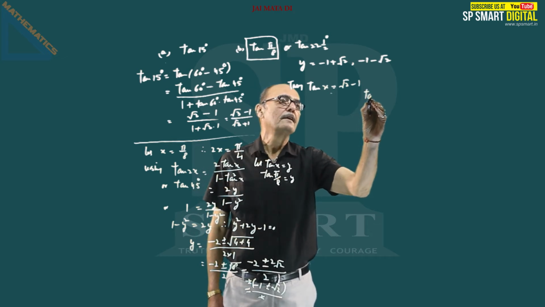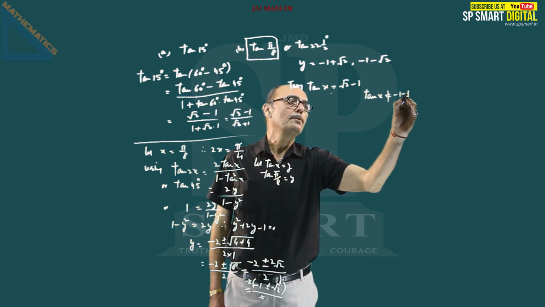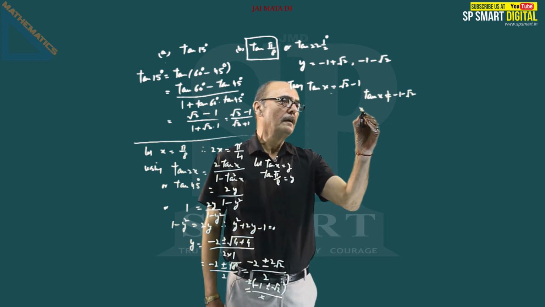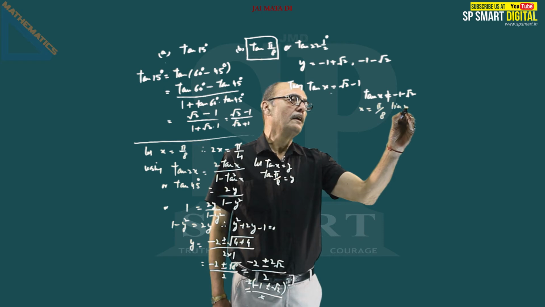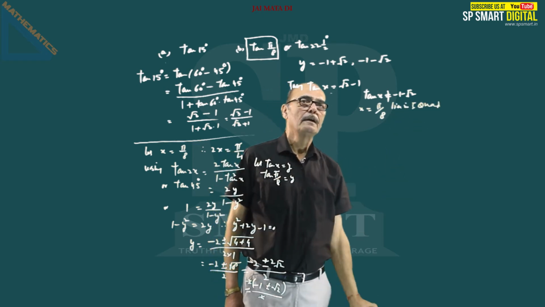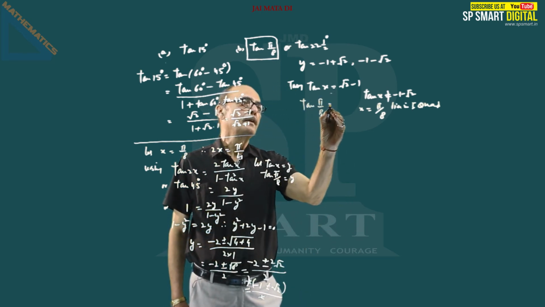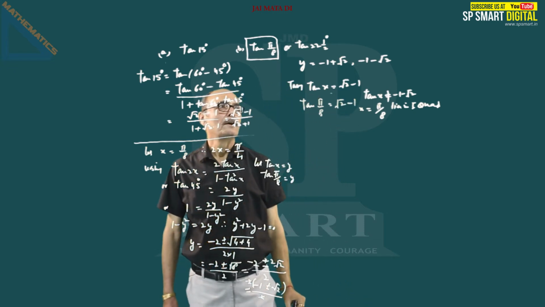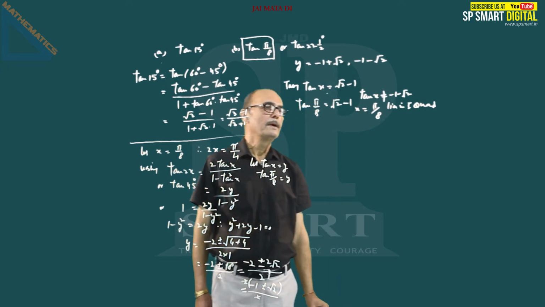Now, tan of x is not equal to minus 1 minus root 2, this being a negative value, since x equal to pi by 8 lies in the first quadrant, where tan of pi by 8 is positive, that is root 2 minus 1. This is how we find the value of tan of pi by 8 or tan of 22.5 degrees as root 2 minus 1.